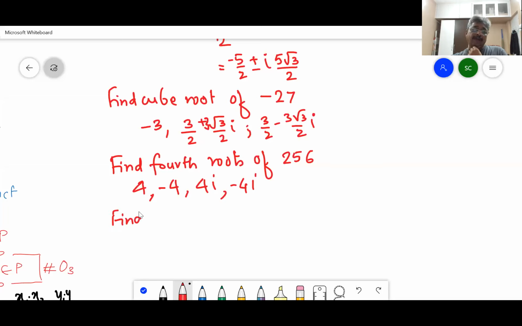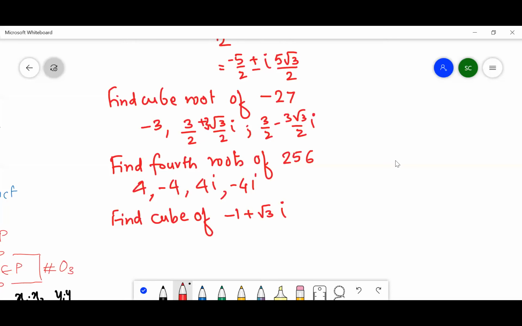Find the cube of minus 1 plus root 3 i. Answer here is 8.